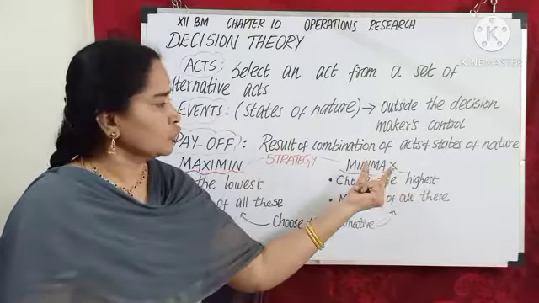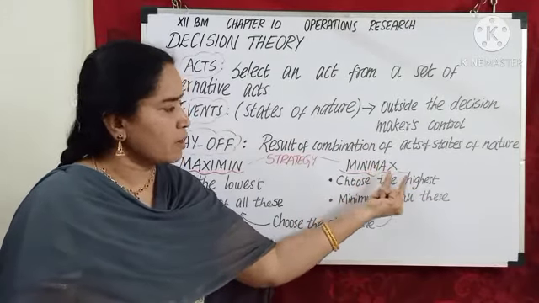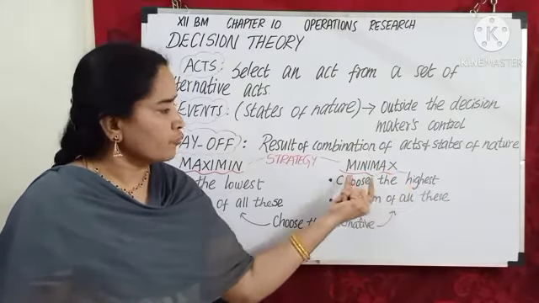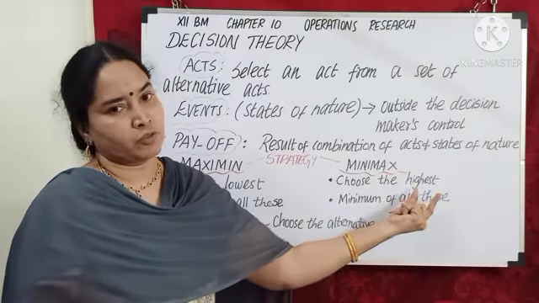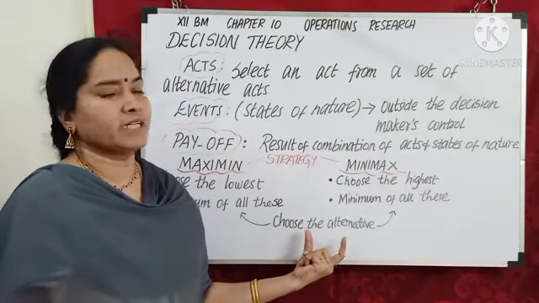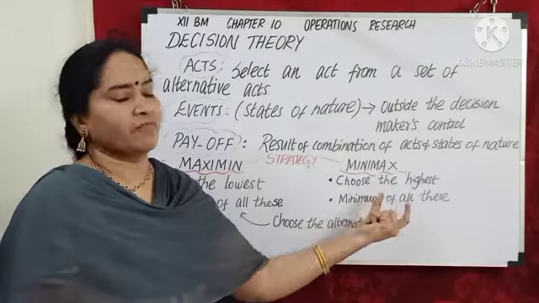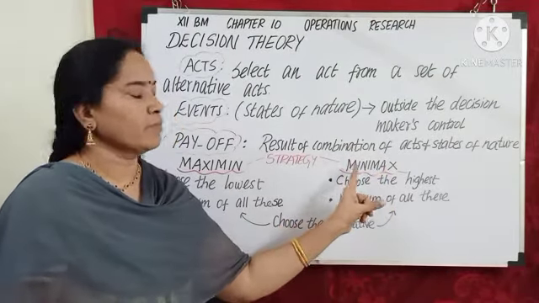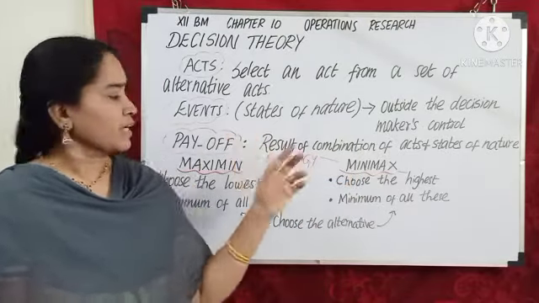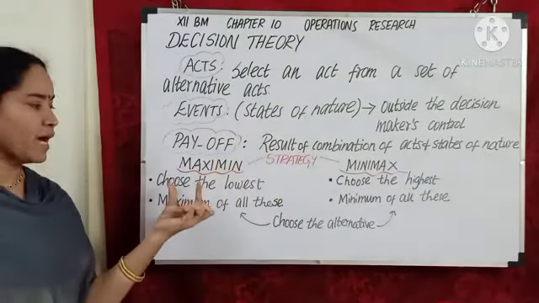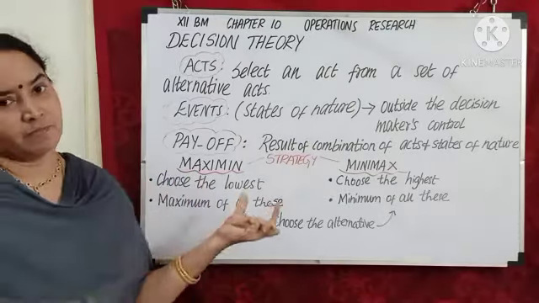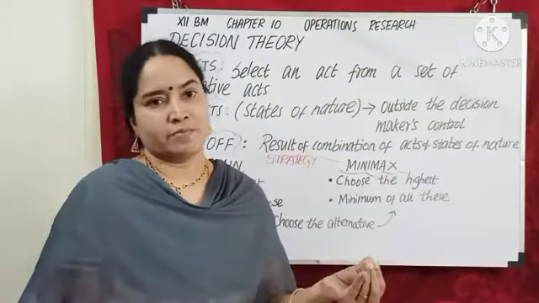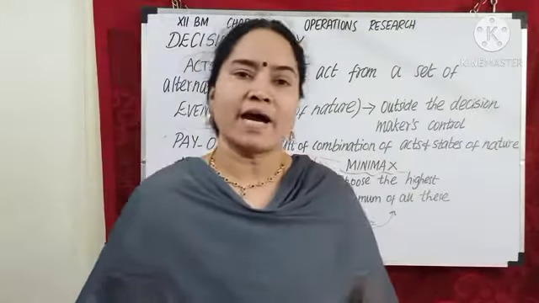First you choose the highest, and out of all such highest values, choose the alternative which is the minimum. So first maximum, then minimum is minimax. First minimum, then maximum is called maximin. Simple concept. As we do the exercise, you will understand better.